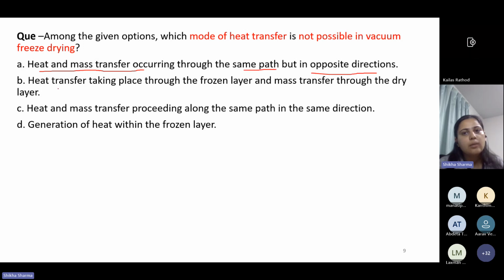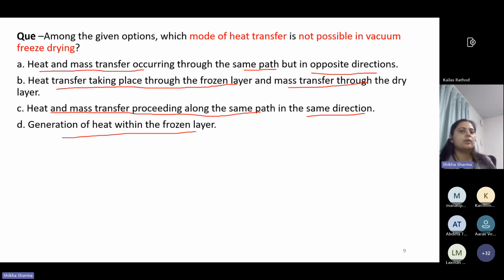B is heat transfer taking place through the frozen layer and mass transfer through the dry layer. C is heat and mass transfer proceeding along the same path in the same direction. D is generation of heat within the frozen layer. Which is not possible in vacuum freeze drying?